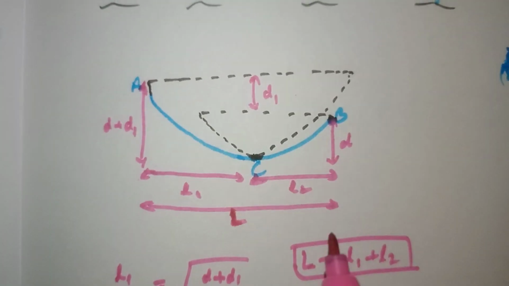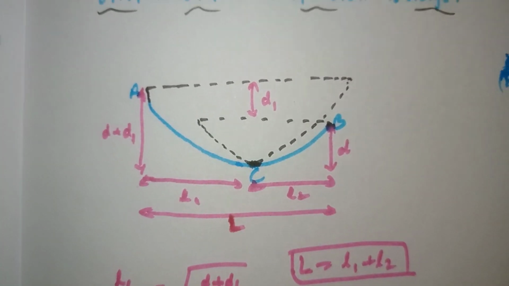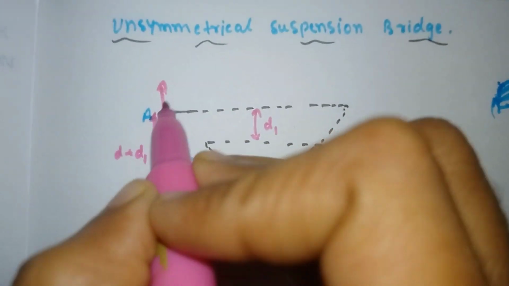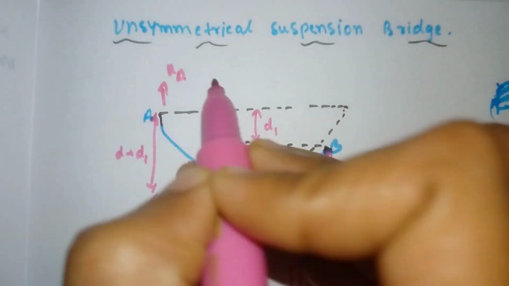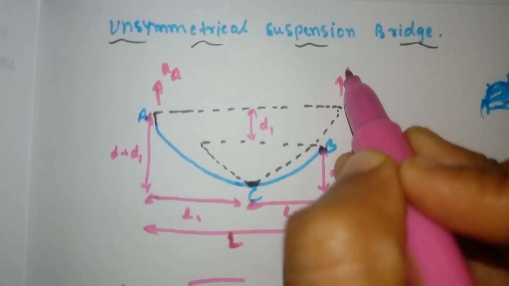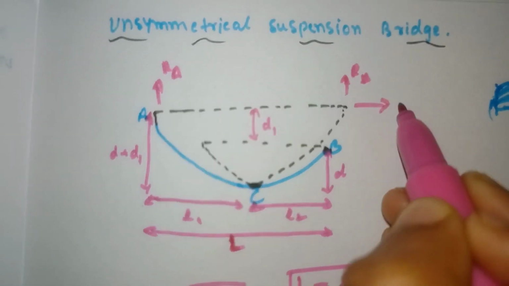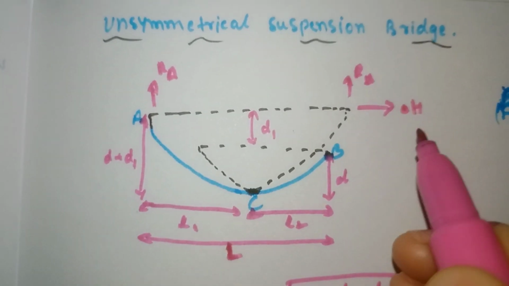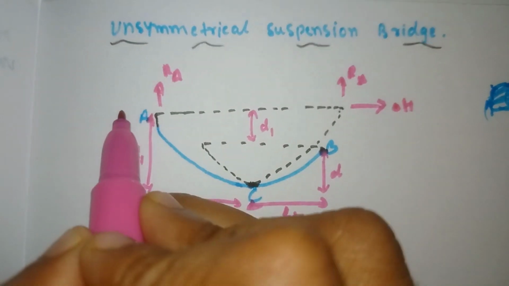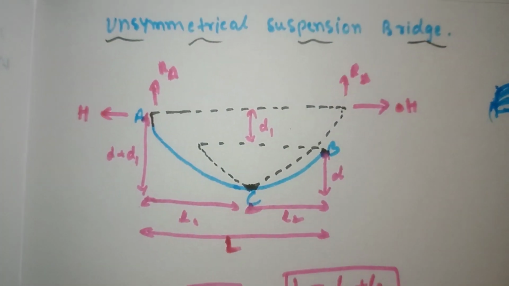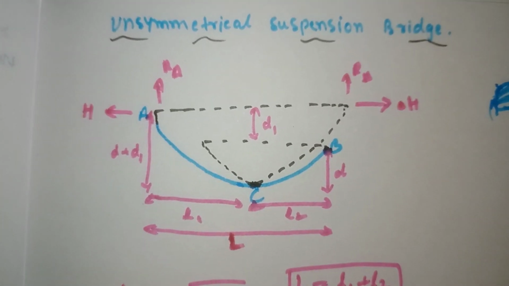Now we'll see the formula for calculating the reactions. Here our reaction at point A, RA, takes place, and at point B, RB. Here one horizontal load H will come, and it always acts outward. Here also one H acts outward.